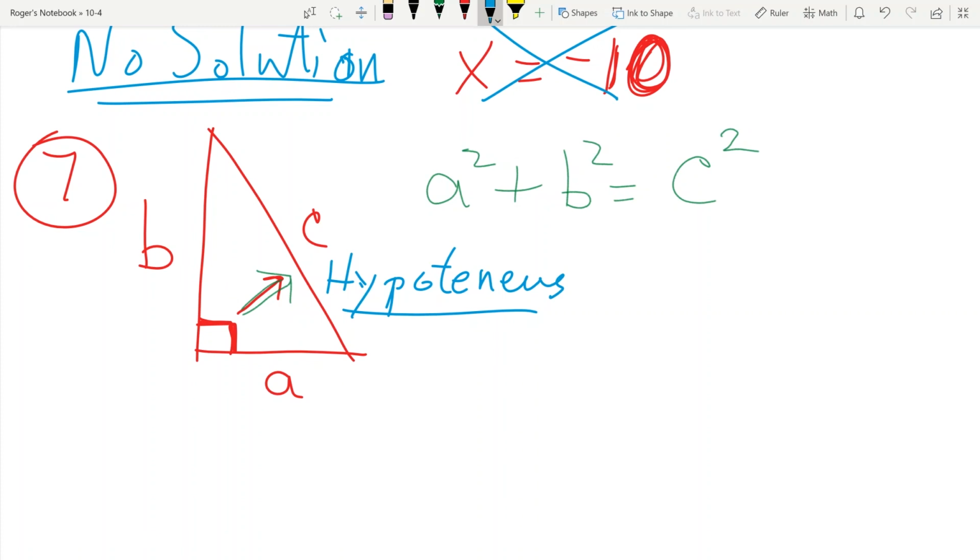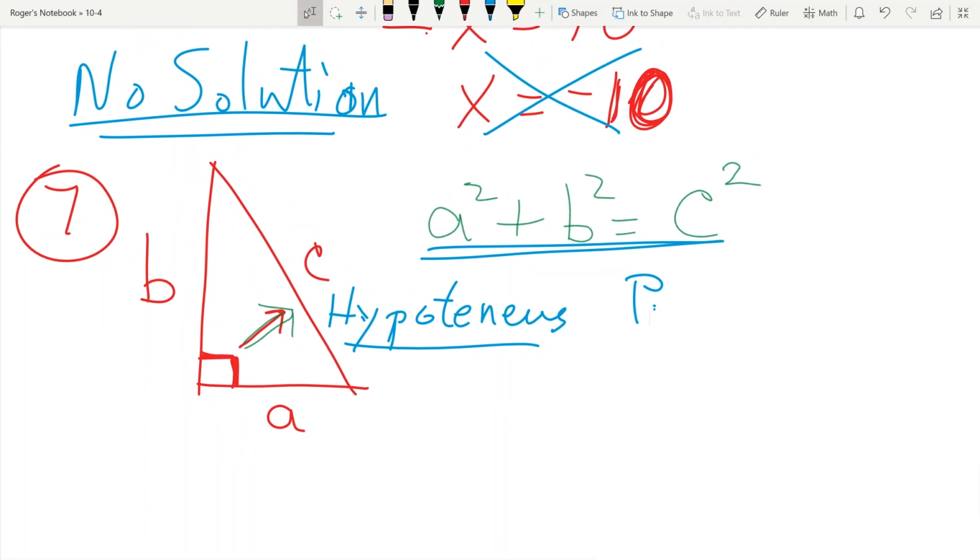The hypotenuse only applies to right triangles, and this Pythagorean theorem only applies to right triangles.